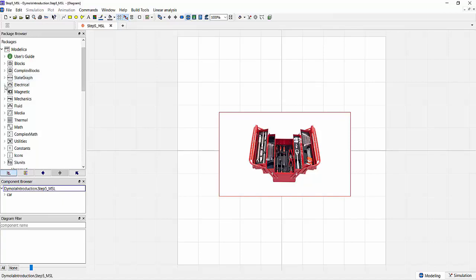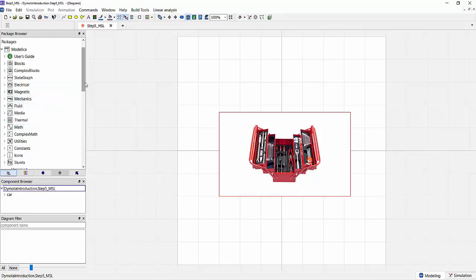So if you need a resistor model, there's no need to define your own resistor model. The Modelica standard library comes with a simple resistor model that you can just use. Or if you need a capacitor, that's there too.